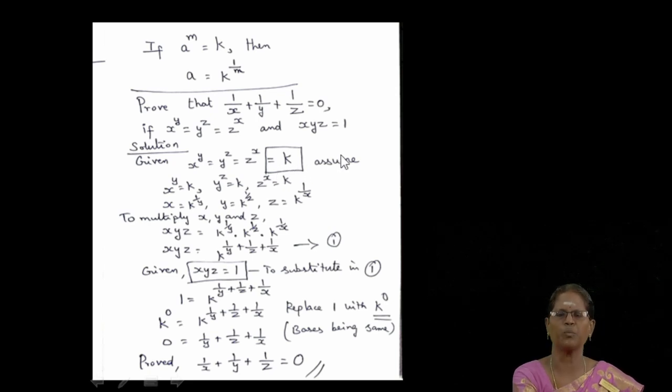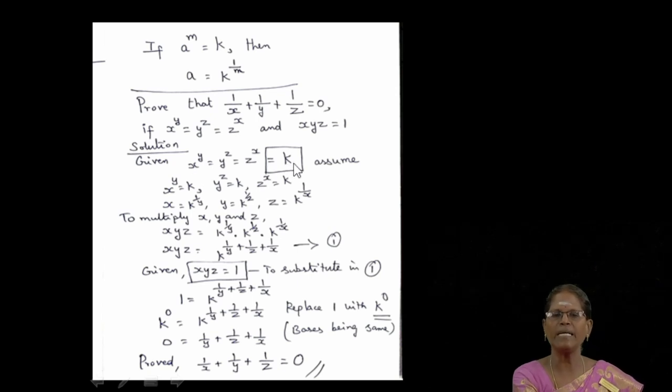We have just assumed. Now, we are separating into three equations: x to the power y equal to k, y to the power z equal to k, z to the power x equal to k. Okay, so first we introduced k as the value.